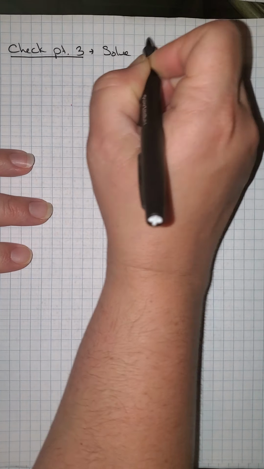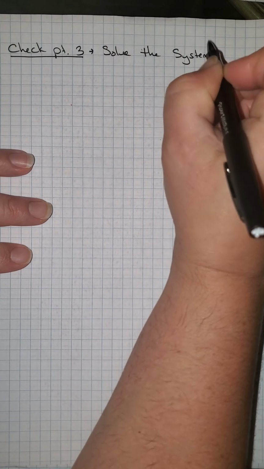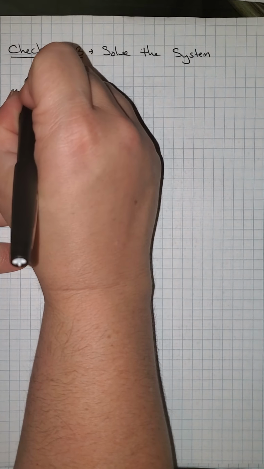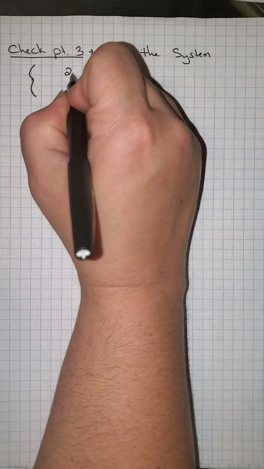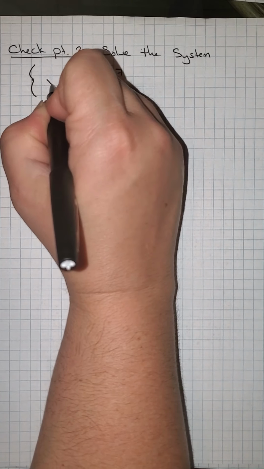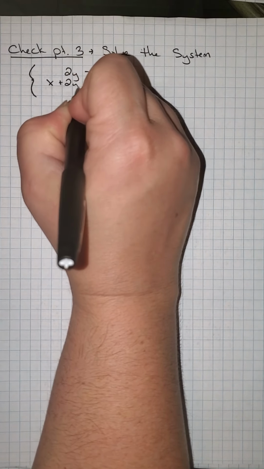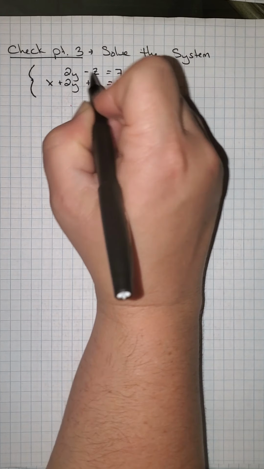We're solving again. Alright, so checkpoint 3, we have 2y minus z equals 7. Then we have x plus 2y plus z equals 17.